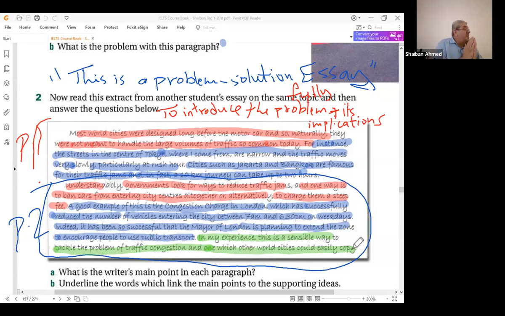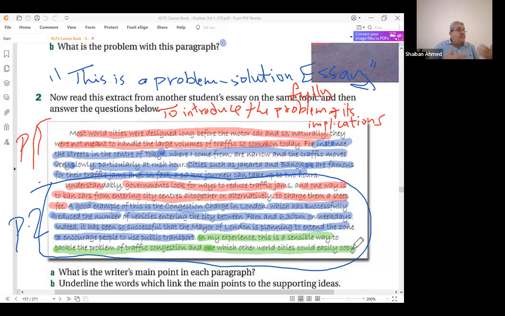Because the cities were designed long before the cars. What is the consequence of this? What are the results of this? The traffic moves slowly. Example, Tokyo, Tripoli, Cairo, any example, okay? Then the solution. One way is to ban cars or to make them pay money to get into it. Example, London, congestion charge, and then development.